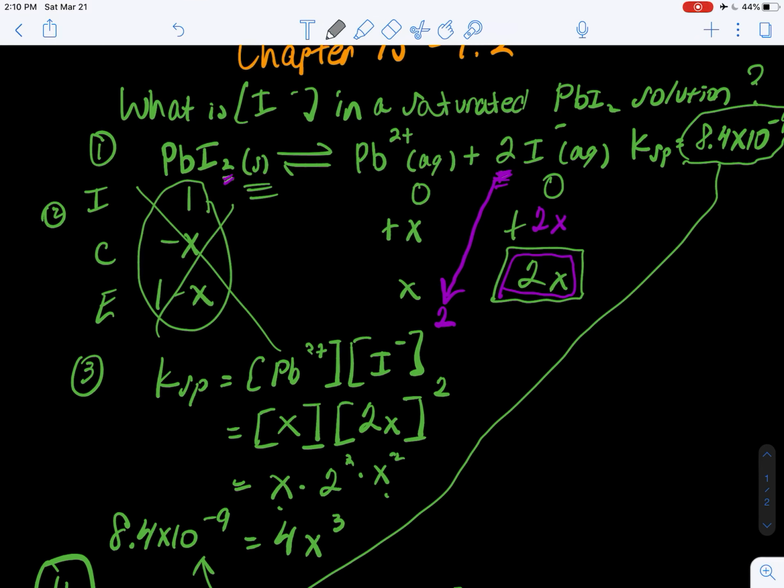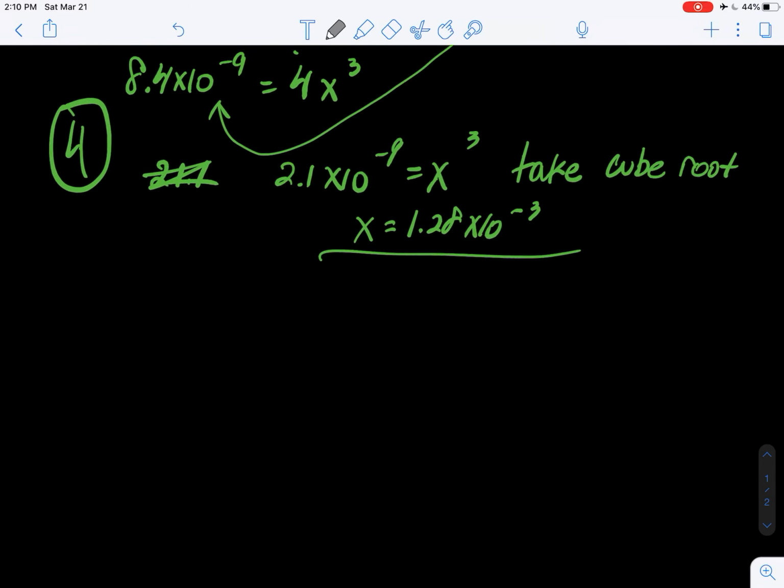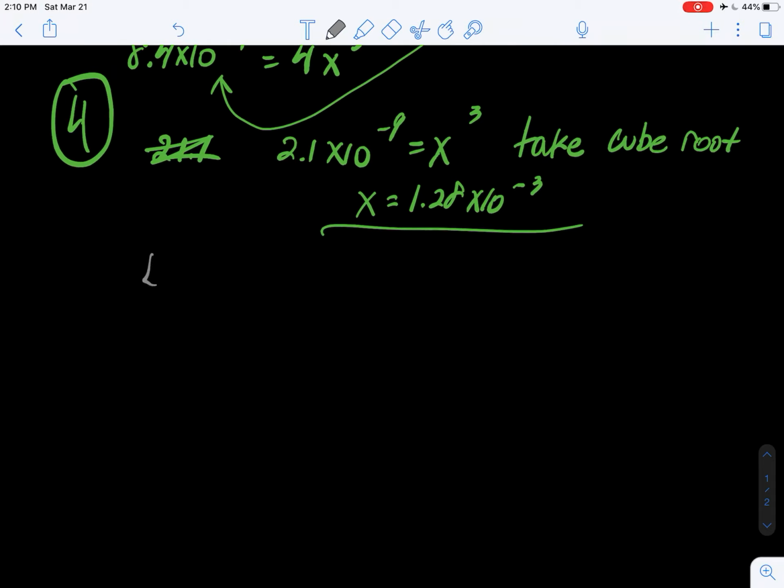we know that the concentration of iodide is represented by 2x, okay? So iodide is equal to 2x, and so I want to substitute it back into my ice table to find out what the iodide concentration is.